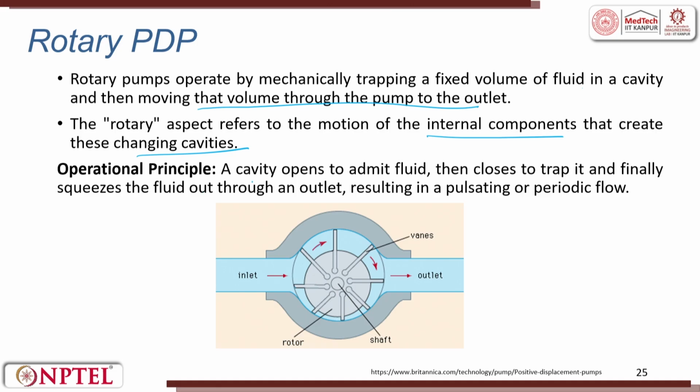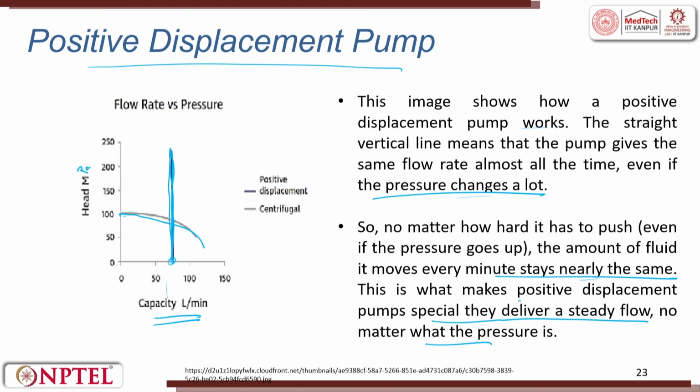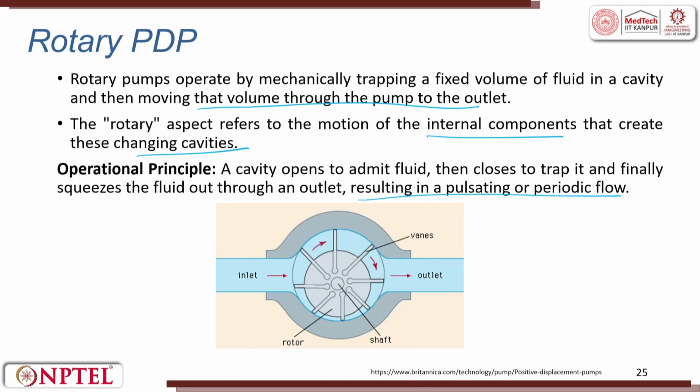The principle is almost the same. The cavity opens to admit a fluid, then closes to trap it and finally squeezes the fluid to the outlet, resulting in a pulsating or periodic flow. Friends, keep this in mind: the flow rate will be constant for any pressure in both rotary and reciprocating pumps. The only difference is the pump size or the pump architecture.